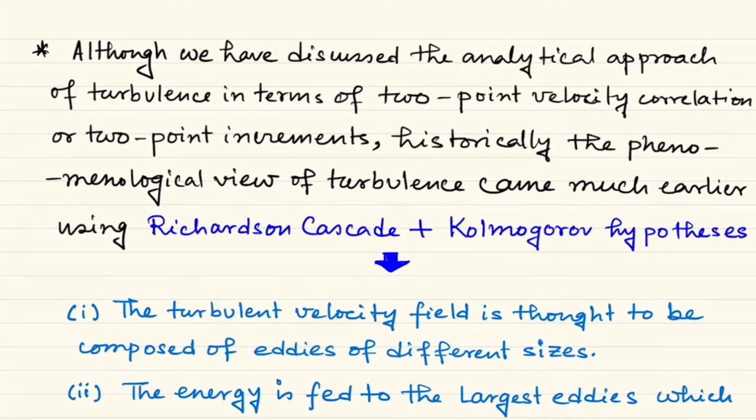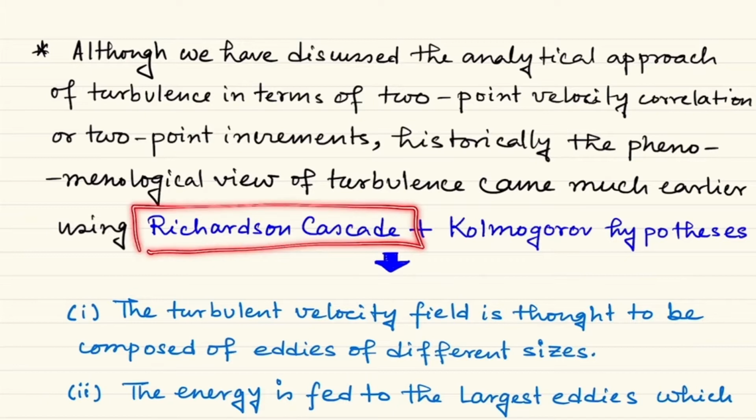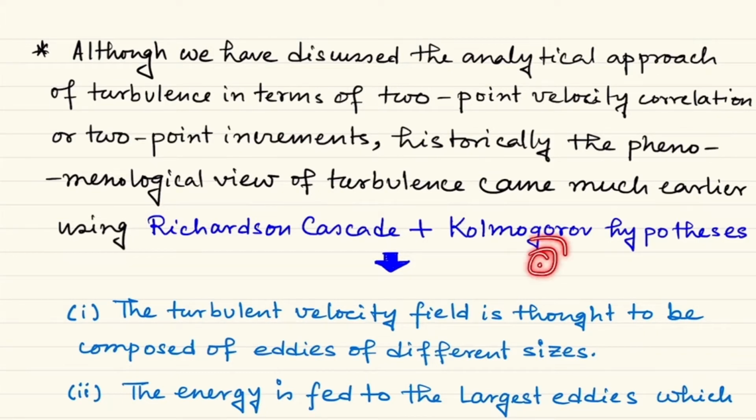Richardson, who was an expert in the weather department, was much more interested in modeling atmospheric turbulence, and he observed that a turbulent field mostly consists of eddies or vortex-like structures of different sizes.